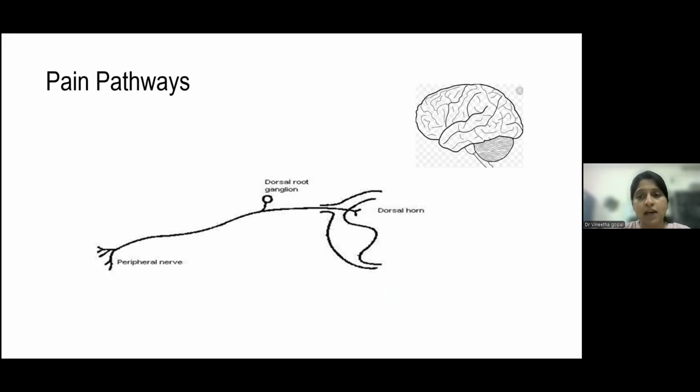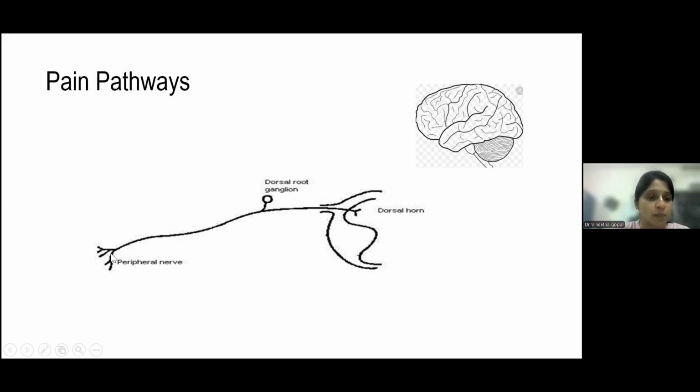So the pain pathway, in the simplest form, starts from the peripheral nerve. The free nerve endings are known as the nociceptors, the peripheral nociceptors. And the first order neuron is located in the dorsal root ganglion. This is actually a pseudo-unipolar neuron. It has got two axons.